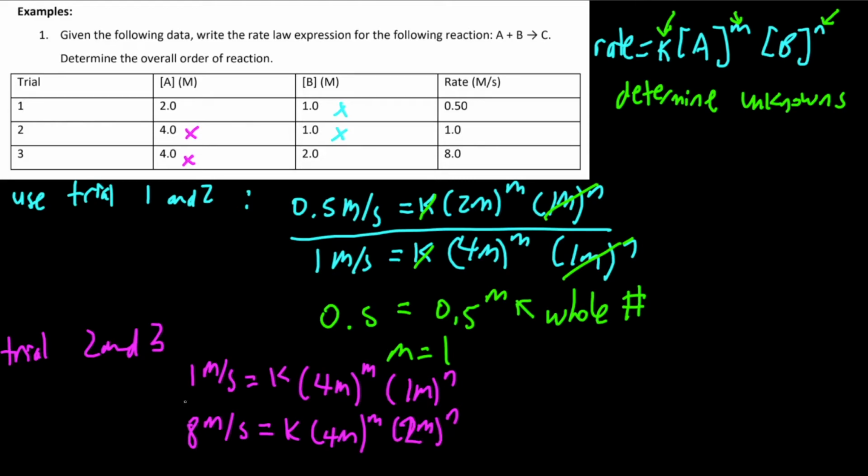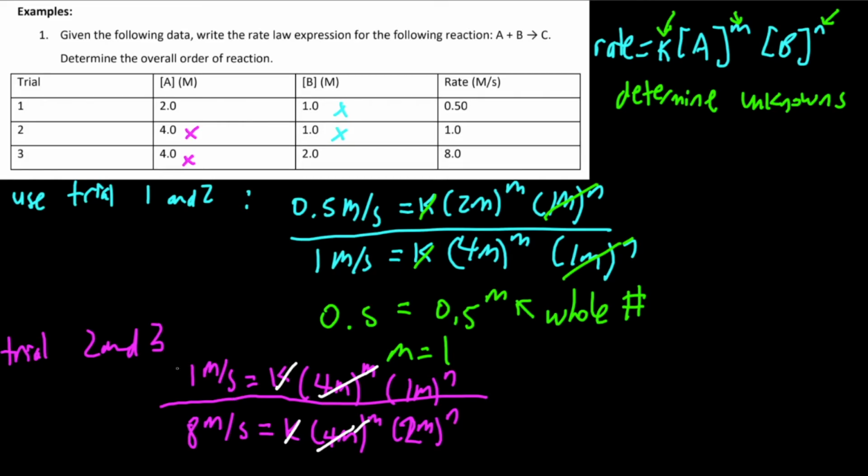So from here, we can divide them. And when you divide them, the k's cancel out, the 4 to the m's cancel out, and now you're left with 1 over 8.